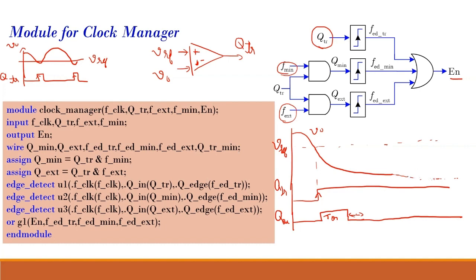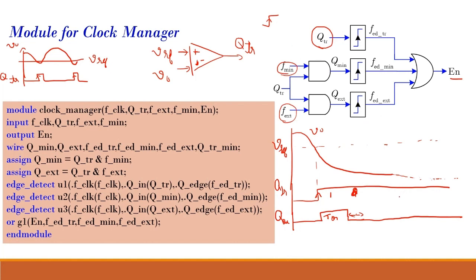Why is it not what we want? See, QTR is 1. That is signifying to my circuit that my output voltage is falling, so I need to turn on the switch. But the issue is that the rising edge is not coming over here. That edge is not coming, so it does not turn on.